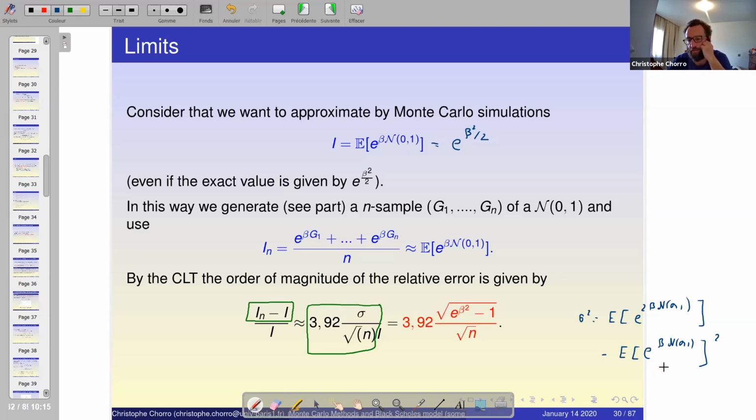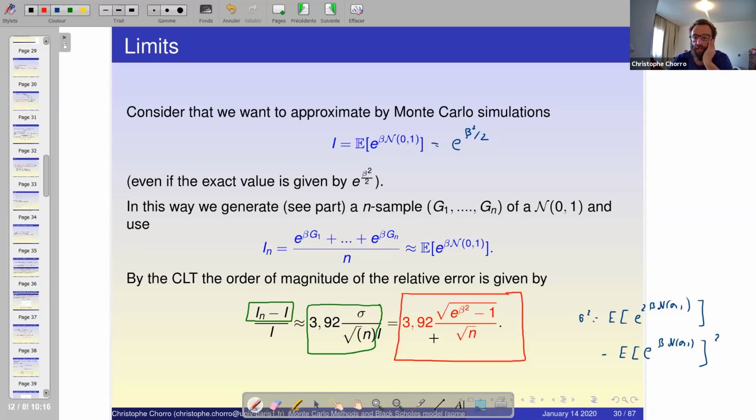This one may also be computed using the moment generating function of N(0,1). If I plug into this expression all the things that I am able to compute, I obtain this quantity in red here. That is the relative error I can deduce for the approximation of I by I_n, using the asymptotic confidence interval as benchmark.